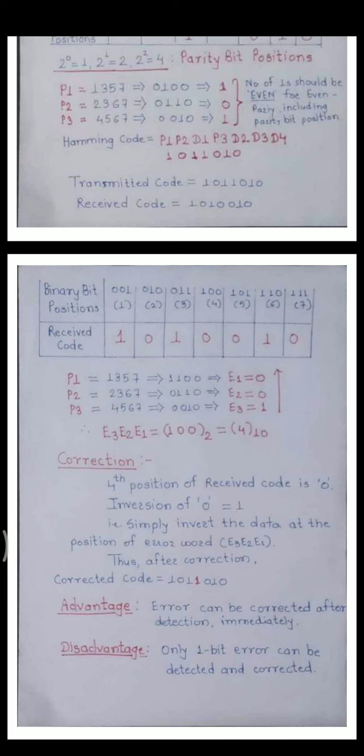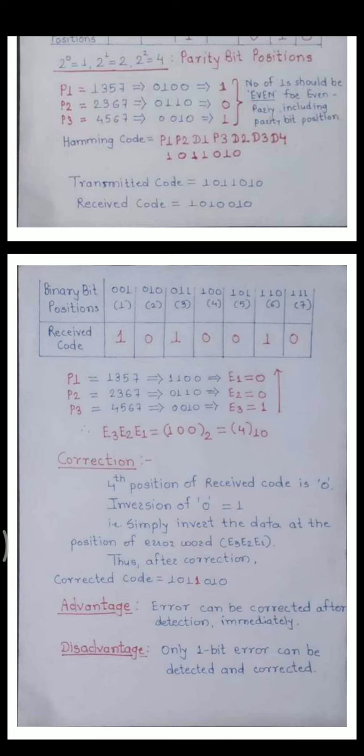So the error is 0 because we are checking for even parity. If the number of ones is even, there is no error, and if the number of ones in the group is odd, there is an error. So let's check for P2. P2 positions are 2, 3, 6, 7, and the corresponding data is 0, 1, 1, 0. Here also the number of ones is even, so E2 is equal to 0.